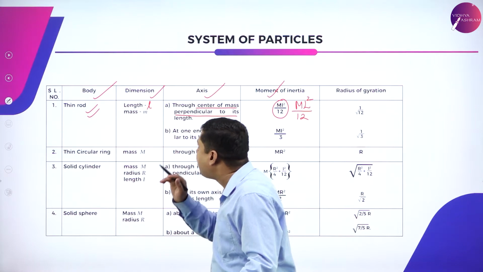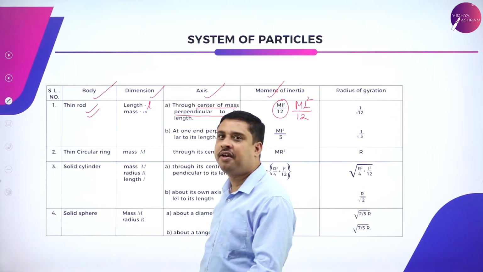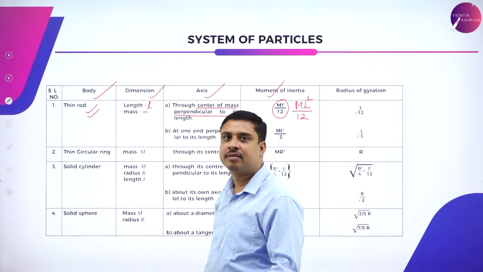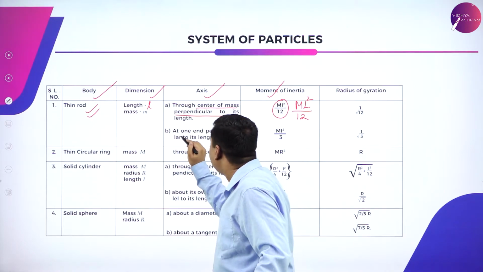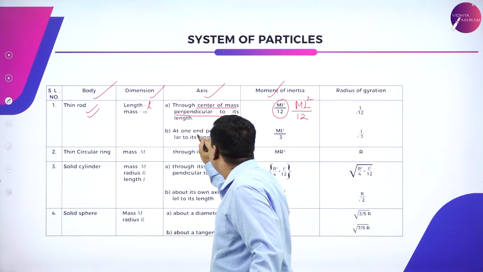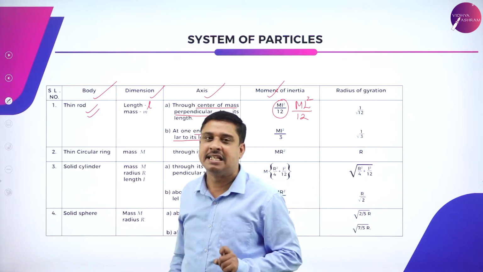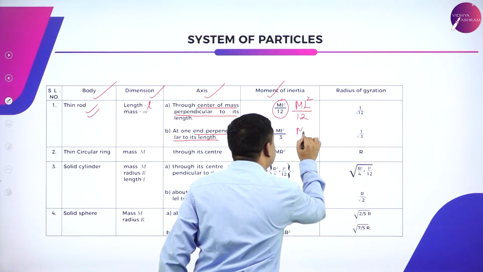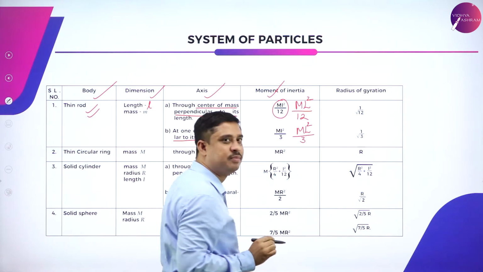And the moment of inertia of the same thin rod of length L, mass M, at one end perpendicular to its length, one of the ends perpendicular to its length, is ml square by 3.